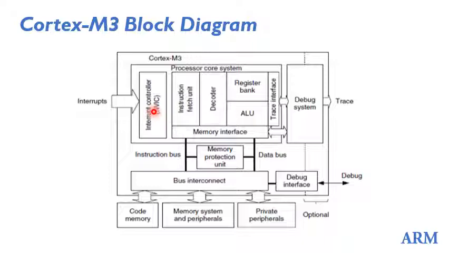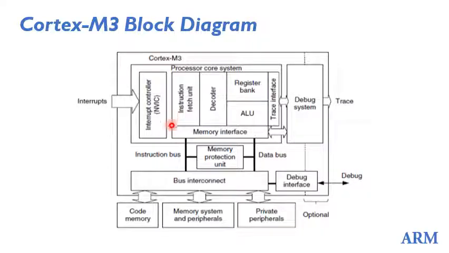It is a controller for handling interrupts. So interrupts occur here, and the NVIC takes care of that. It is a method of prioritizing interrupts which improves the microcontroller unit's performance.